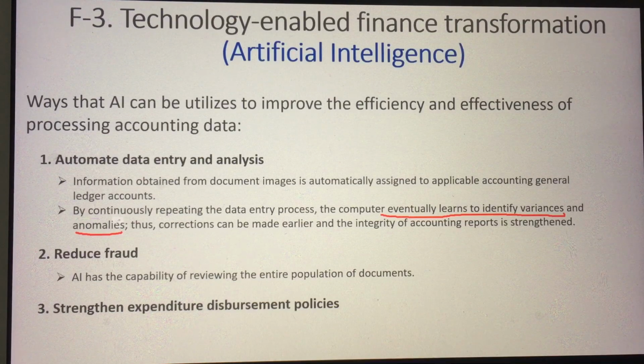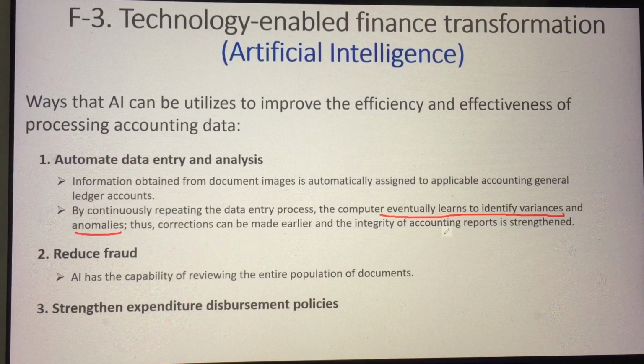So, ang maganda kay artificial intelligence, by all of the data, all of the information that it is processing, it identifies variances, it identifies red flags. No? Kung ano yung mga bagay-bagay na dapat na tinitignan niya. So, it is learning. Okay?